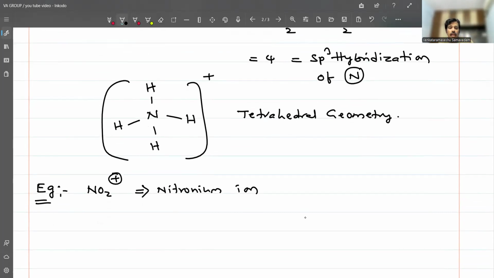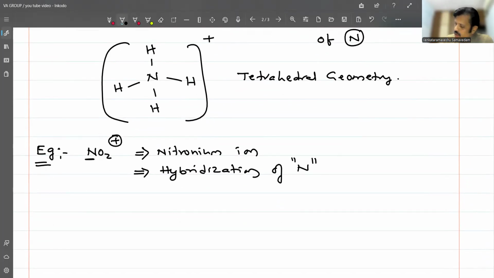Don't feel I'm taking a class. So, nitronium ion. In the case of the nitronium ion, what is the hybridization of nitrogen? If anybody asked, the hybridization of nitrogen, if I want to find out, then what do we have to take? Number of electron pairs.